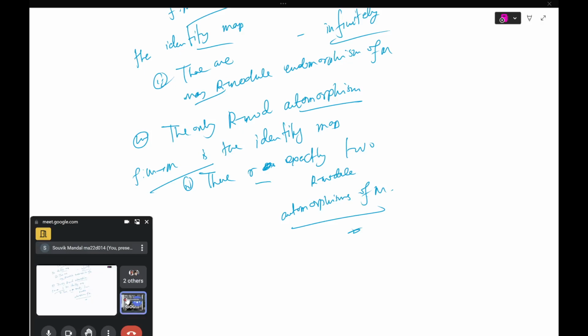Please kindly explain. This module is nothing but a group homomorphism, and there are only 2 automorphisms from Z to Z, which are the identity and its inverse. Yeah, very good.